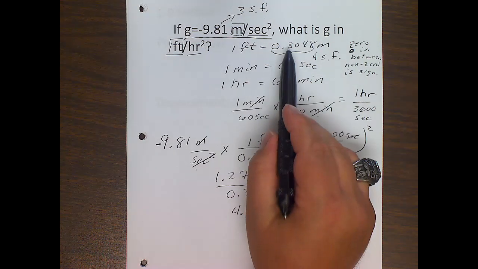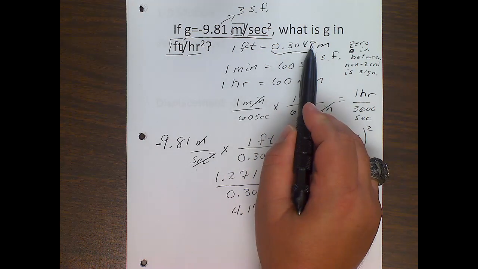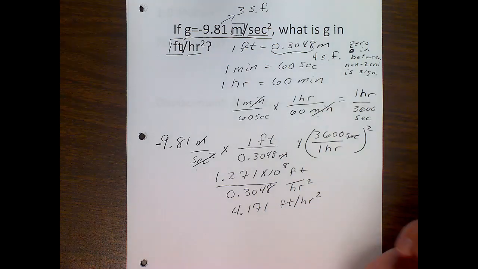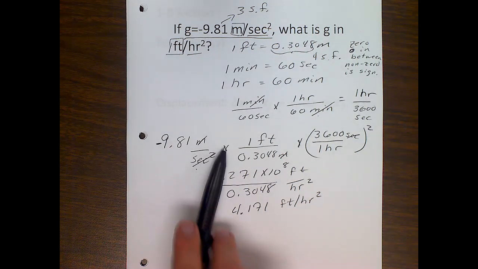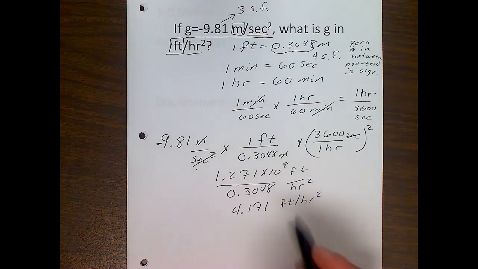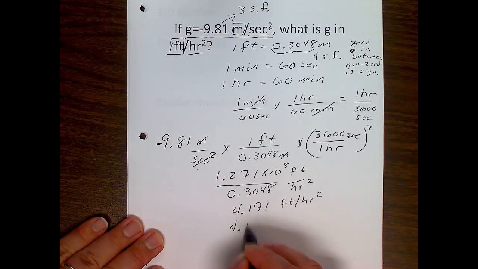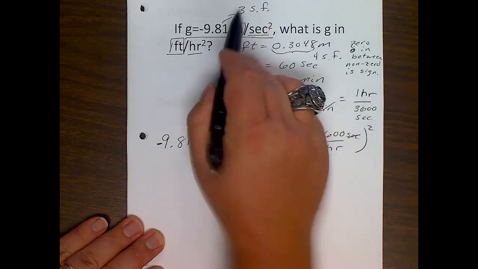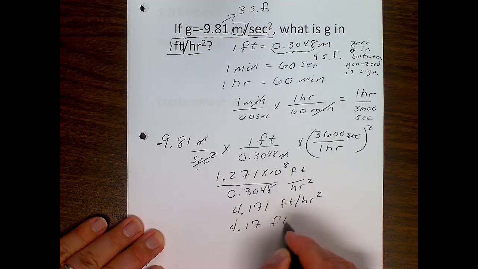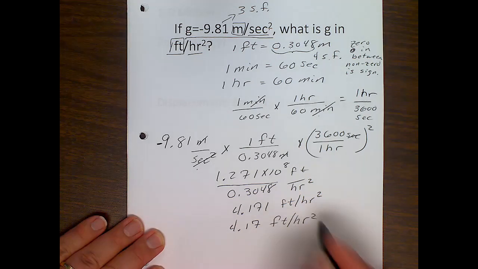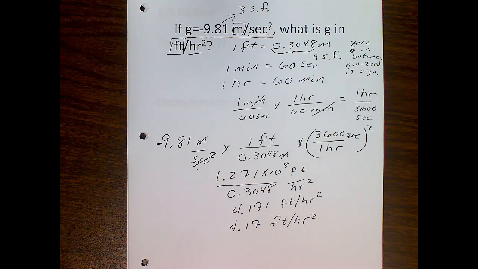So here I have 1, 2, 3, 4 significant figures. My process is multiplication and division, so I should only end up with 3, the least number between 3 and 4. So to proper significant figures or significant digits, I should have 4.17 feet per hour squared.